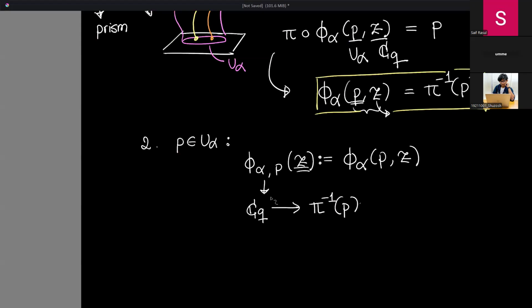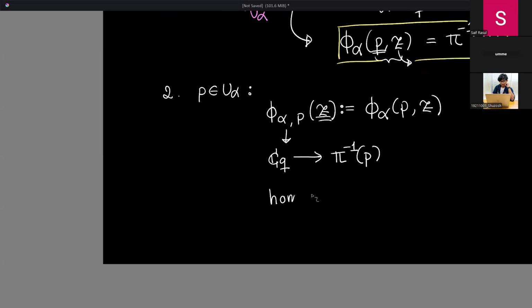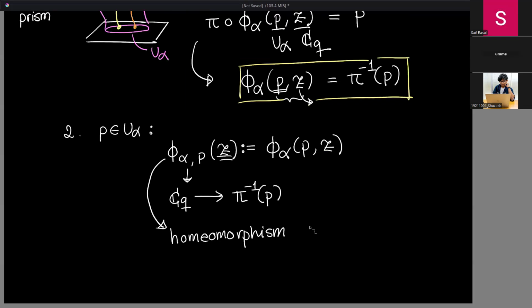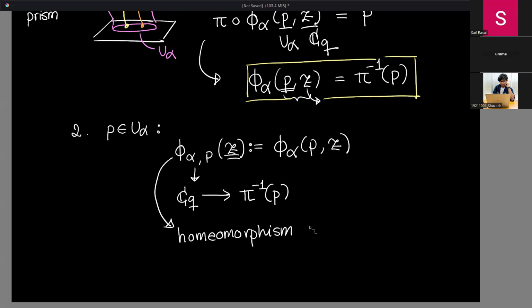We have to make sure that this is a homeomorphism. That's what the second condition tells us. So what does it mean for this to be a homeomorphism? Well, notice that this is just C^q.